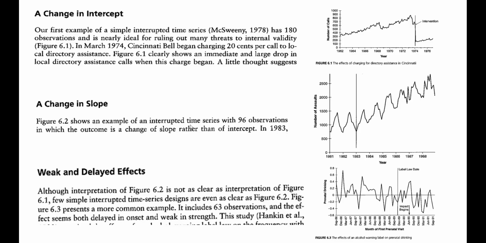Figure 6.2 shows an example of an interrupted time series with 96 observations in which the outcome is a change of slope rather than a change in the intercept. And we see that starting in 1983. This is a cyclical pattern, so maybe there might be seasonality in this outcome.